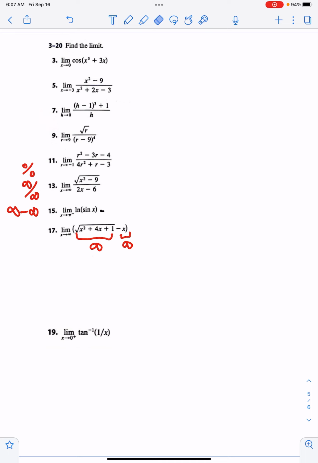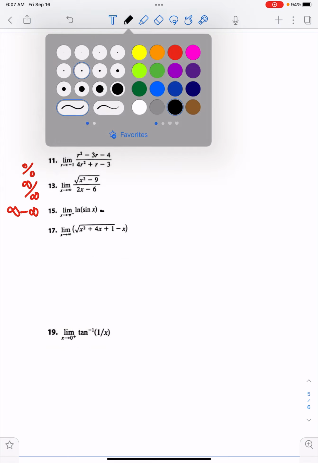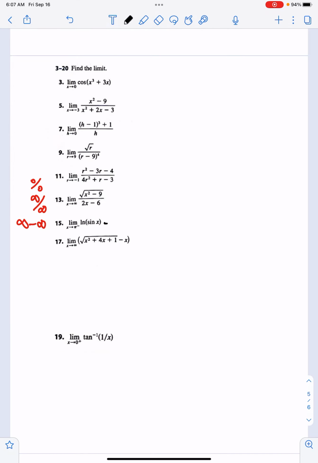So in order to get rid of these types of indeterminations, usually, not always, you multiply top and bottom by the conjugate of what you see.